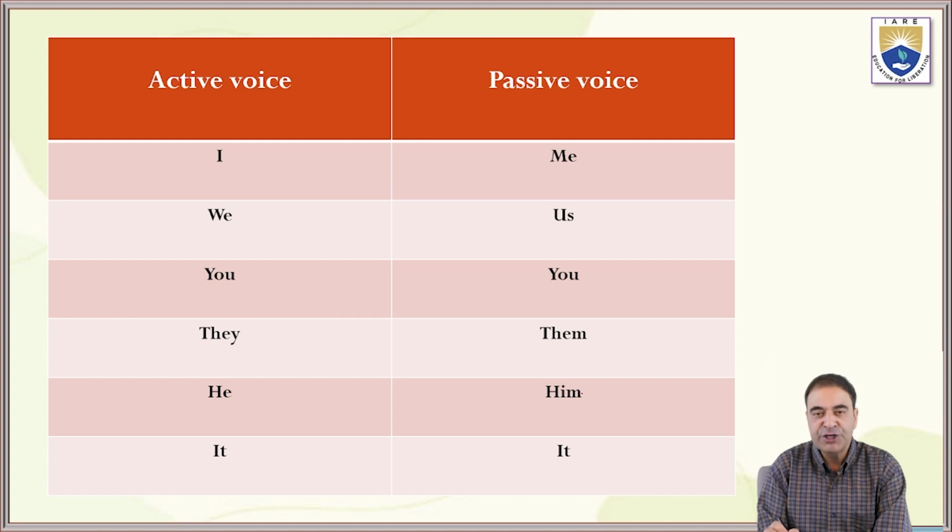He will change into him. It will change into it, that means it will not change. Here, two pronouns will not change: you, second person pronoun, and it, third person pronoun. The rest will change. For example, I will change into me. I is in active voice, and me is in passive voice.